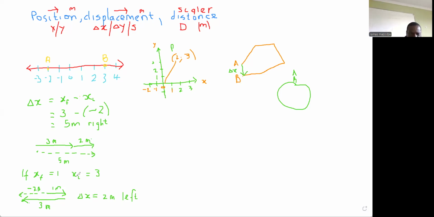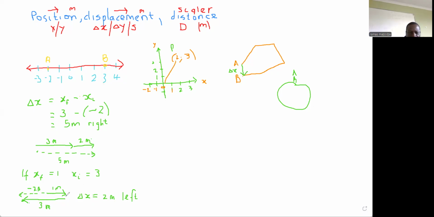This is just another example. If it moves from position B to a position where it is 1 meter to the right, your final is 1 and your initial is 3. You start by drawing your final, because you want to subtract the initial from there. Your final is 1 meter to the right, but you are subtracting your initial position, which was positive, so now it's negative.